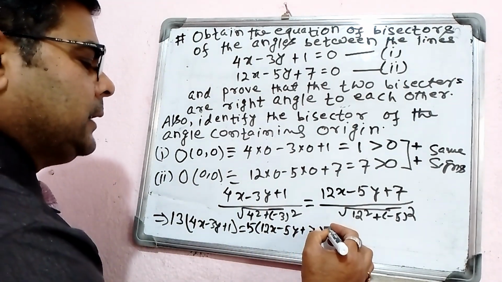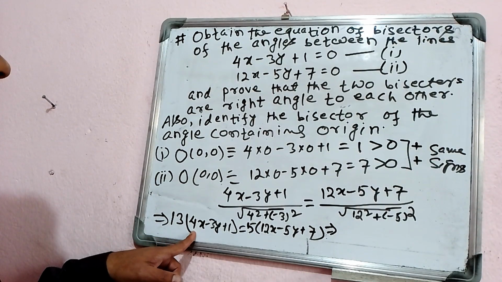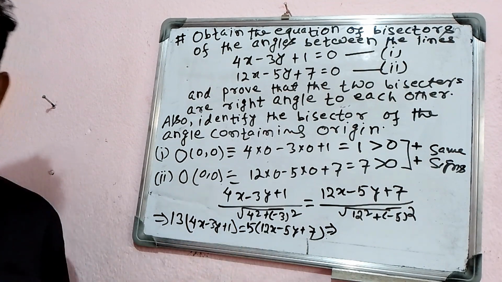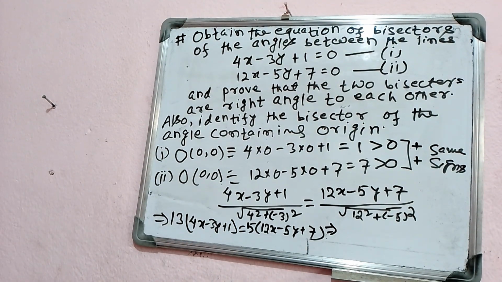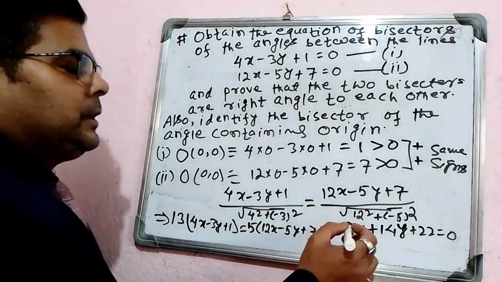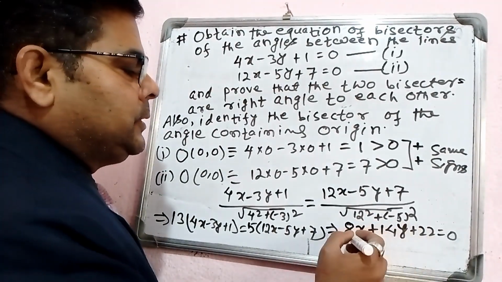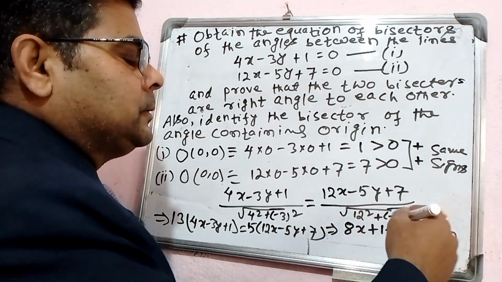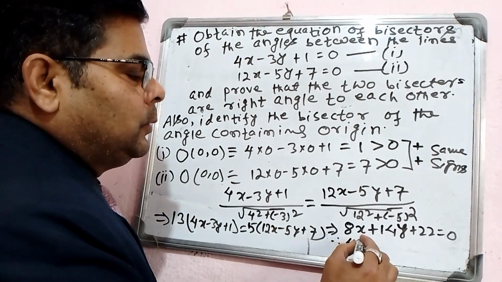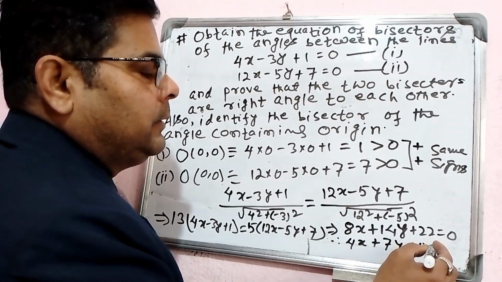After that, 13 times 4 is 52, and the other side is 60. So on solving them, it is 8x plus 14y plus 22 equals 0, and now you can see 2 is common, so take out 2 common, and when you transfer to the right side, that is going to be 0. Therefore you have 4x plus 7y plus 11 equal to 0.